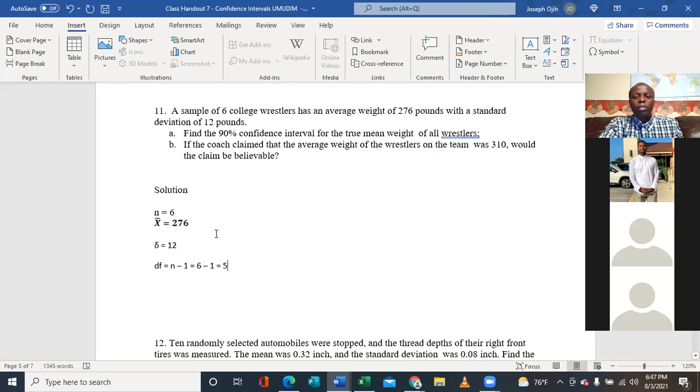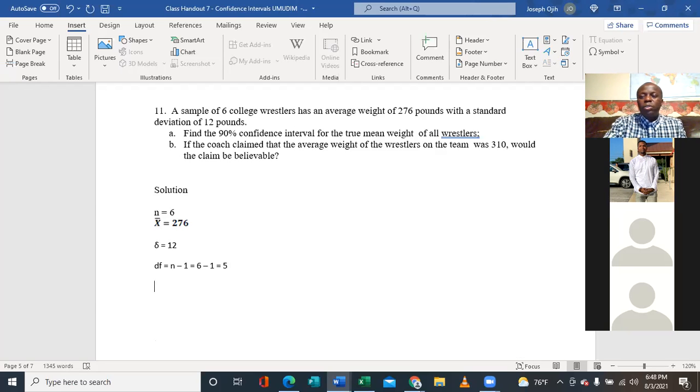Okay. Now let us calculate the error margin for this. We use the same process as when the sample size is large, but this time we're using the t table. So we use the critical value t alpha over 2.